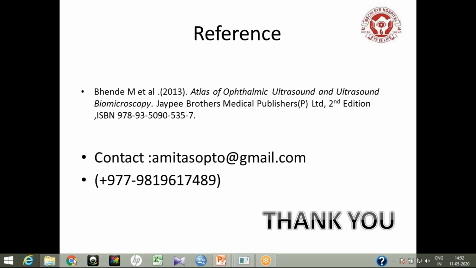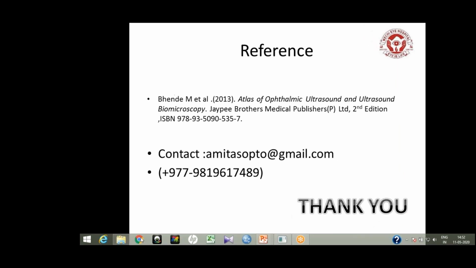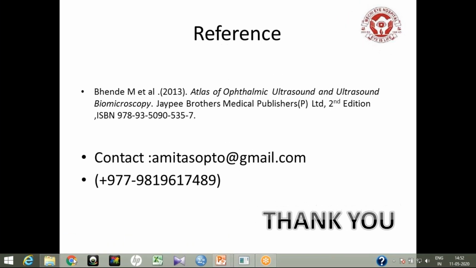But in case of the 30-degree B scan, when we are tilting the probe to 30 degrees, the marker will be on the nasal side, right? Marker will be superiorly. This is the transverse scan. Marker will be superiorly. Sorry for the interruption.